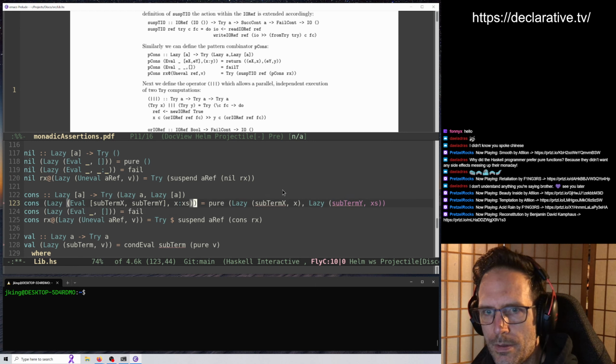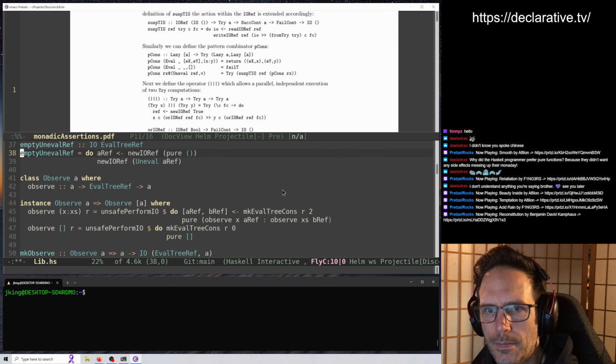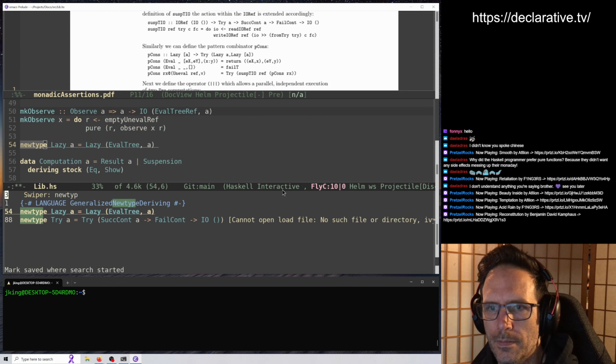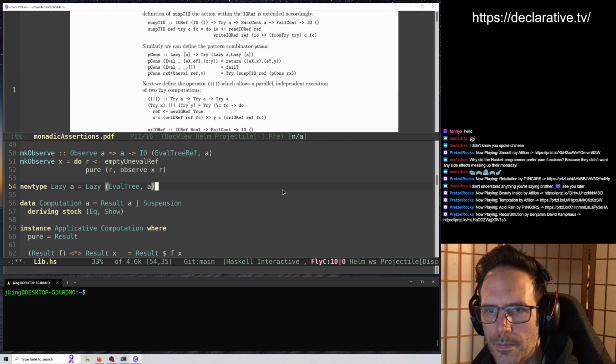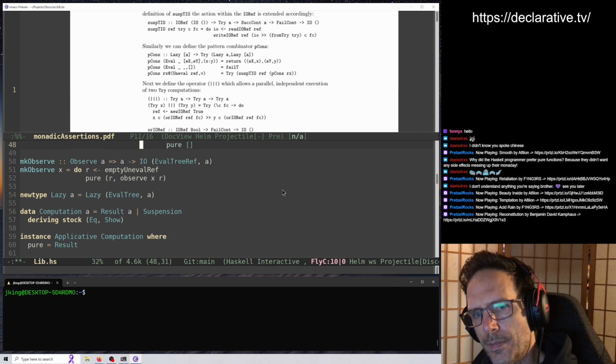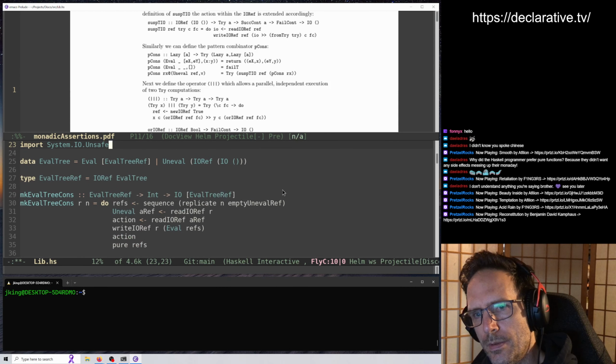Because this tuple here, if I make this an eval tree ref, the lazy computations are then going to hold an IO ref eval tree.